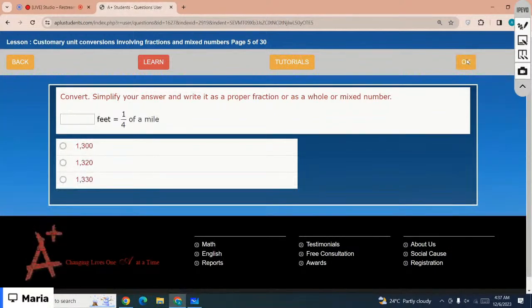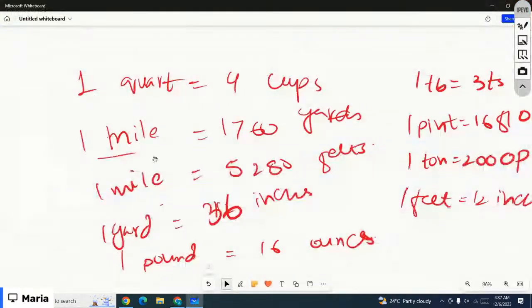Okay, convert. Simplify your answer and write it as a proper fraction or as a whole or mixed number, right? So 1/4 of a mile equals, you have to convert from miles to feet. So 1 mile equals 5280 feet, right?